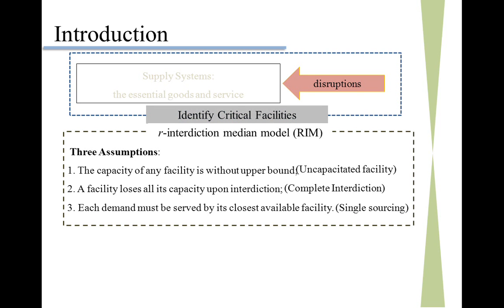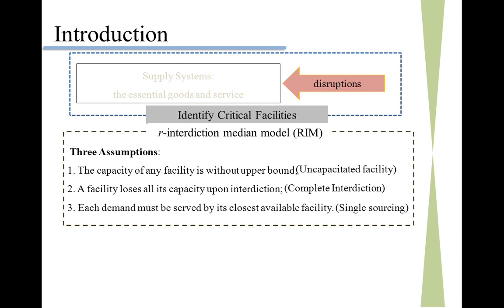So the question is how to identify critical facilities whose failures can result in the most damage on the whole supply systems. The interdiction median model introduced in 2004 can solve the problem.